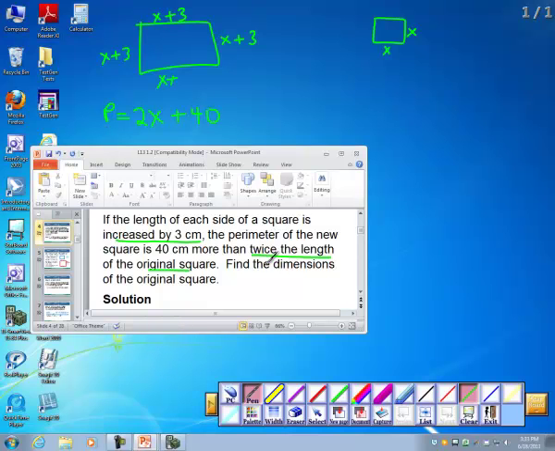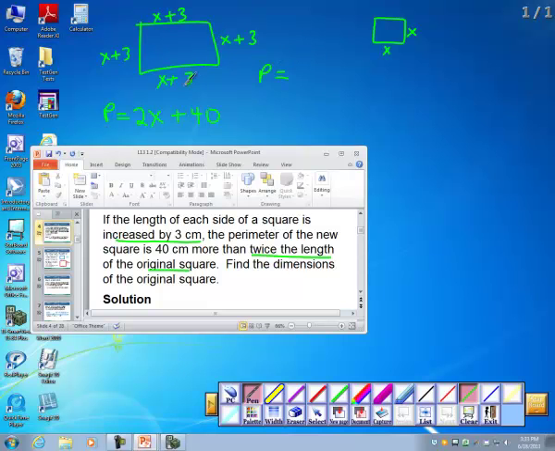Okay, now this is where we get into the equation part. We know that the perimeter of the square is equal to the sum of each side, right?